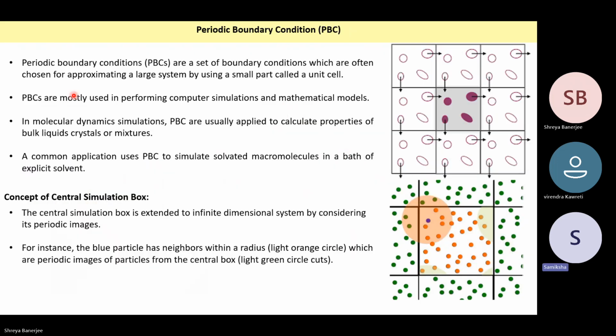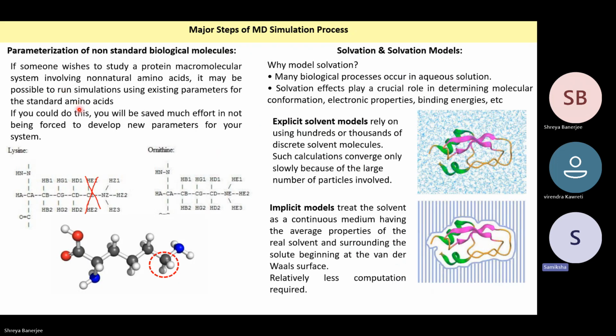Ma'am, what should we perform, explicit or implicit model? Which one will be better? See, implicit models are always better because less computation time is required. For one computation with explicit models, you will need like 1 week or something, so it is not very practical unless you want a very detailed, accurate structure.